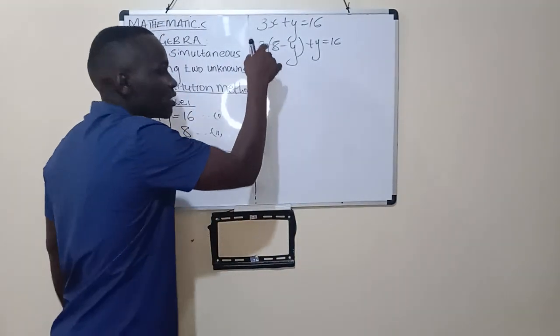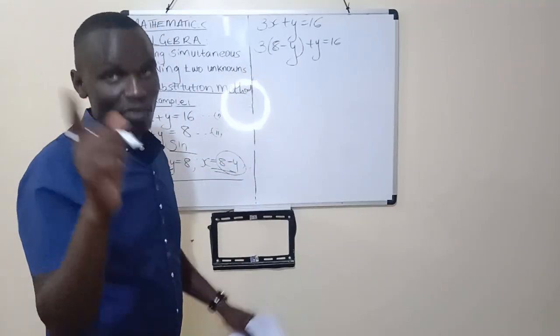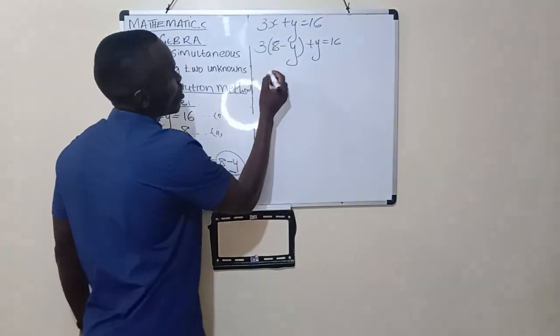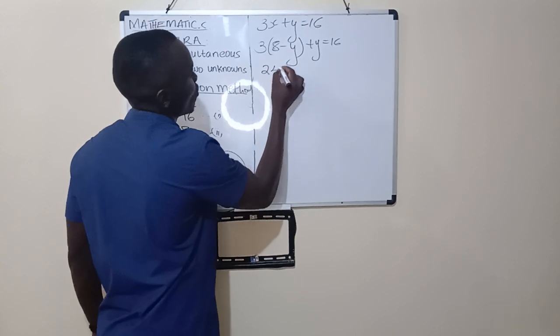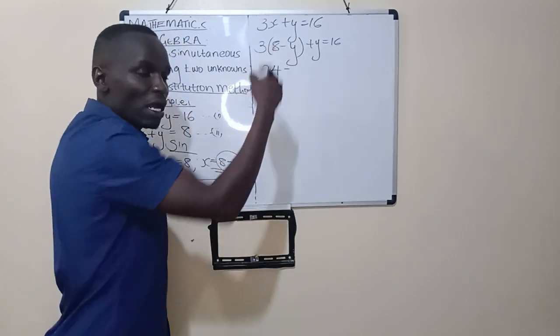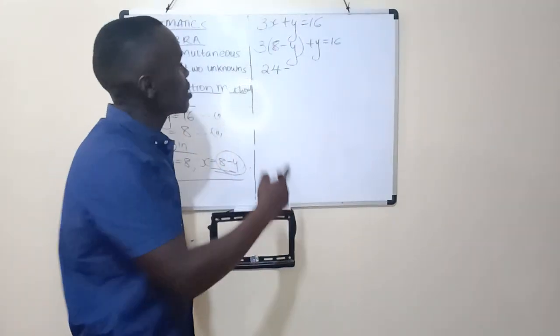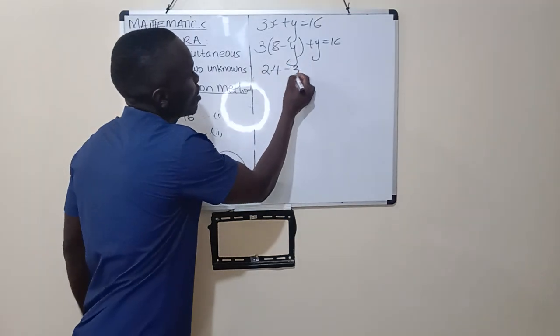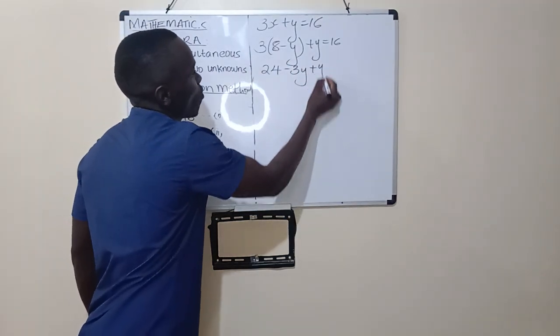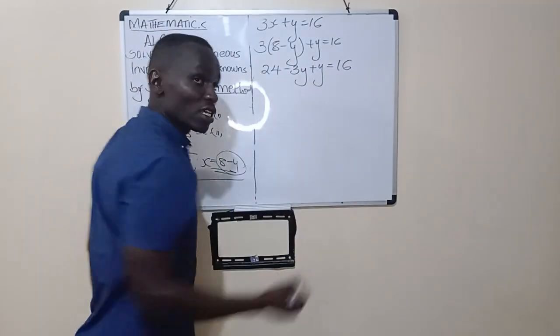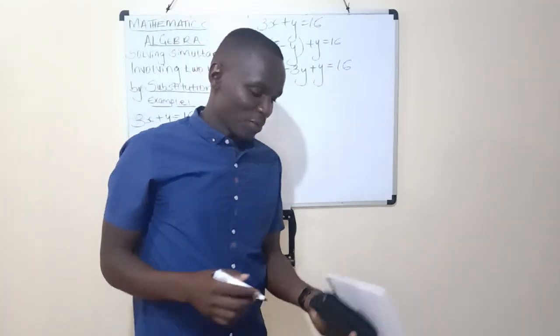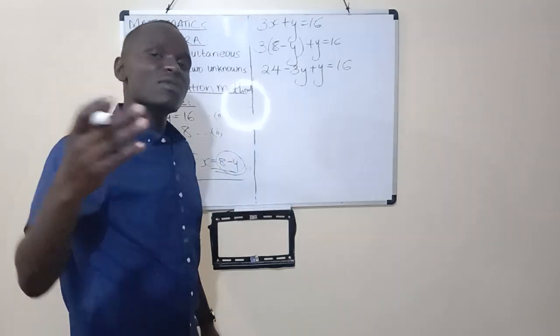Now, 3 times 8, that one becomes 24. So in this case, we're going to have 24 minus 3 multiplied by minus y. This one is going to be minus 3y plus y equals to 16. Are we together, learners? Very well. Now from here, you can see we have like terms and unlike terms.